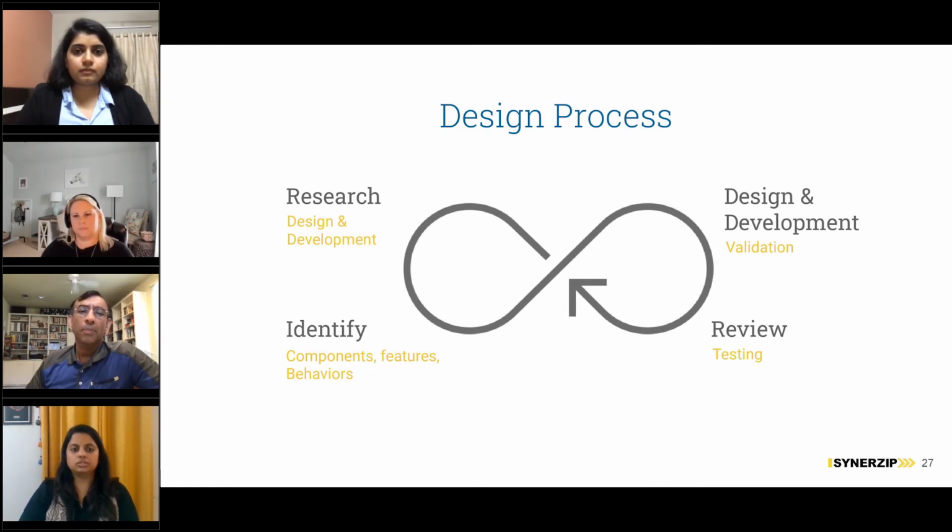For development, the research was more about the kind of framework which would be used, which would be compatible with any technology background or any backend. Next, we identified the components which we wanted to be a part of our design system, what behaviors and what features we wanted those components to have.